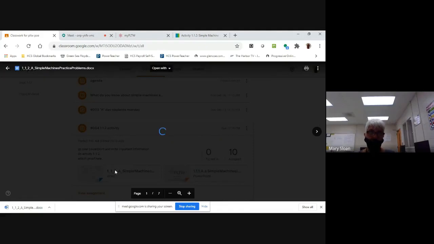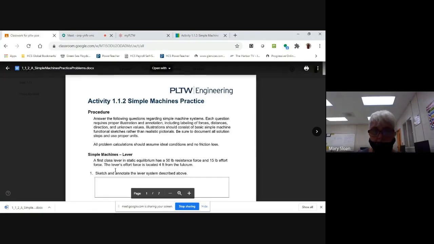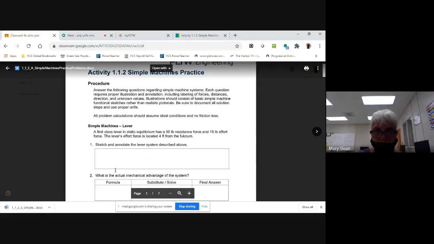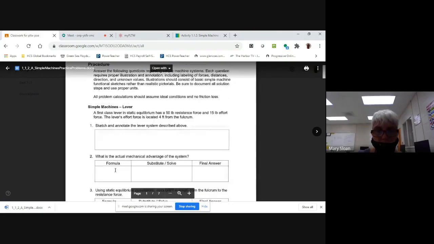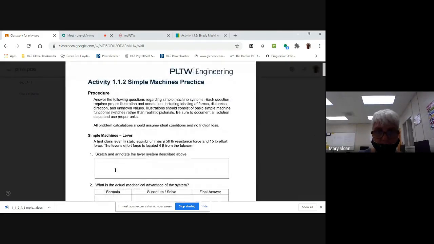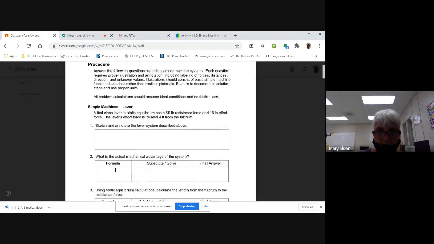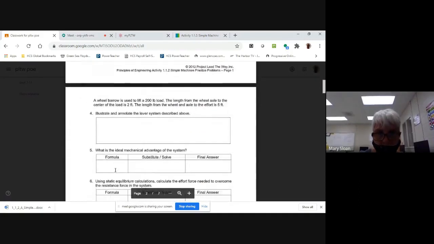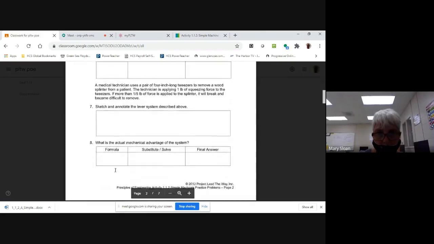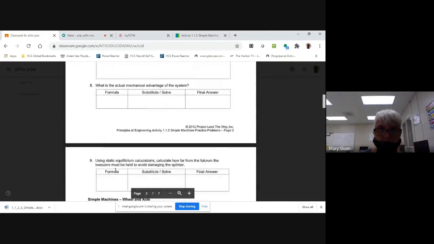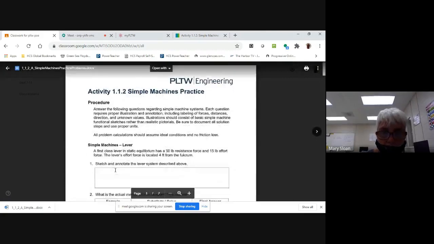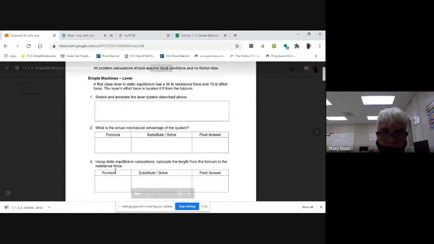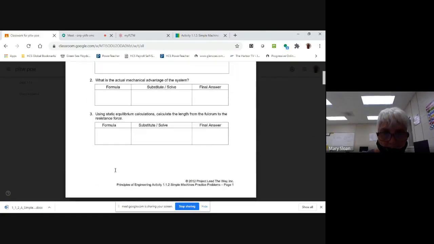This handout here, you should have access to it, each one of you. What I would like you to do today is the lever part. If we look, Simple Machines lever, you can do that. You know the formulas now.